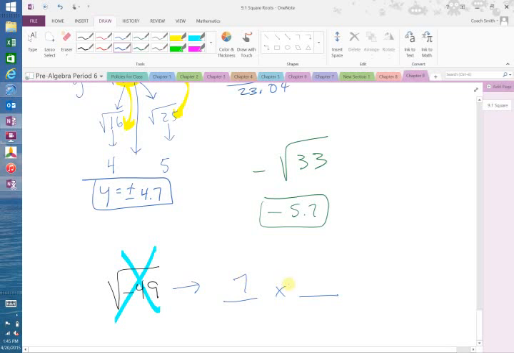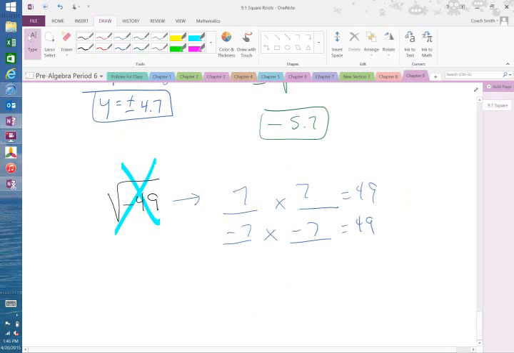In other words, I can't do that because that's positive 49. I can't do this because that's positive 49. And I can't do this because that's not the same number as that. They're opposites of each other. Okay? So, understand that, know that.